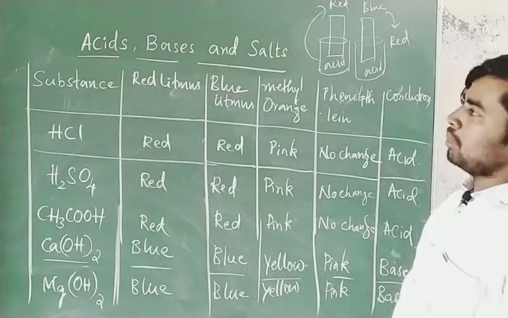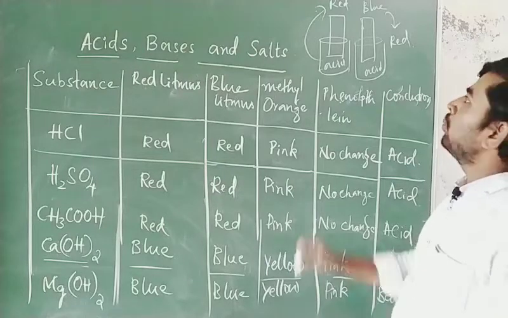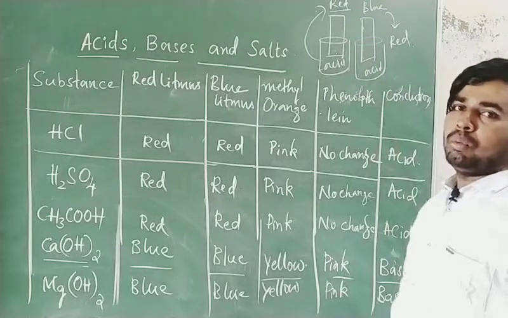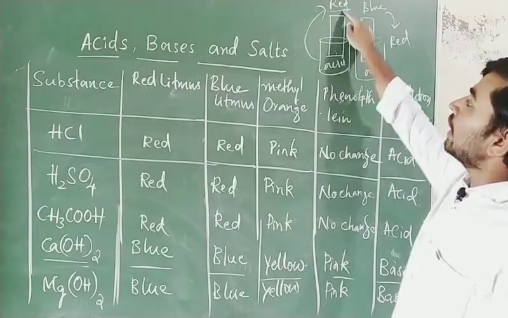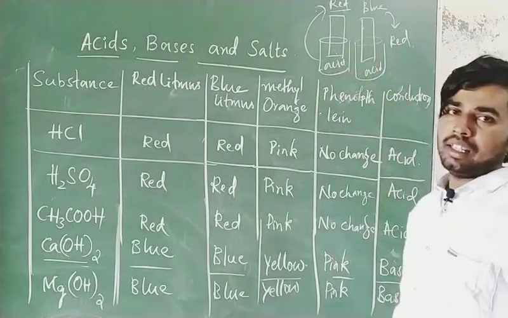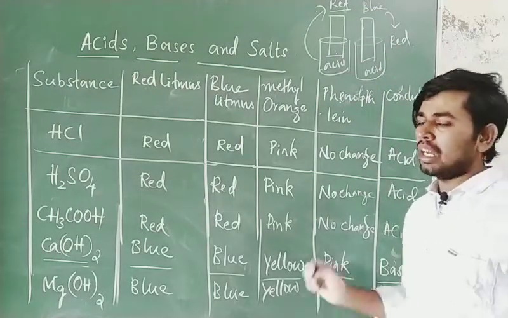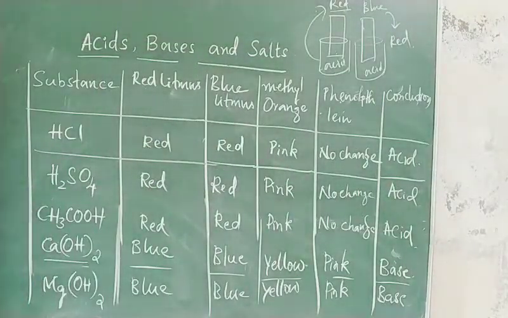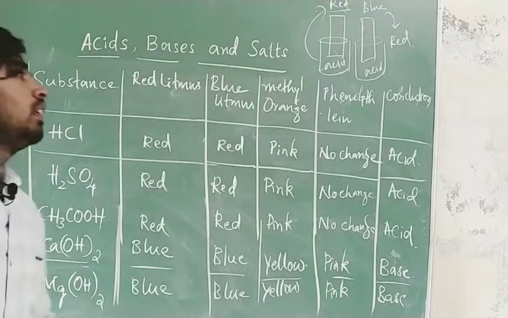Similarly, if you add a basic solution, the paper turns to blue. If you dip a red litmus paper, it turns into a blue color. I hope you got clarity about indicators and their respective colors in the respective acids and bases.